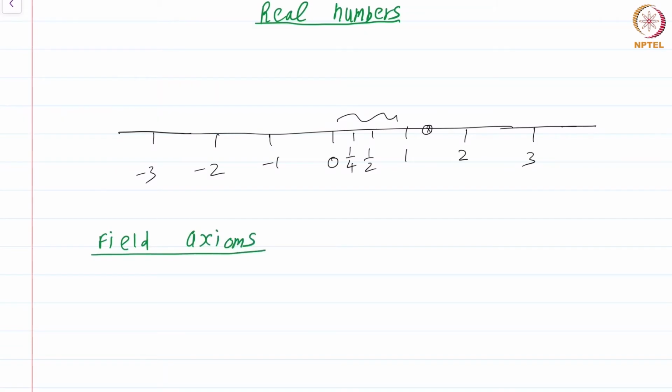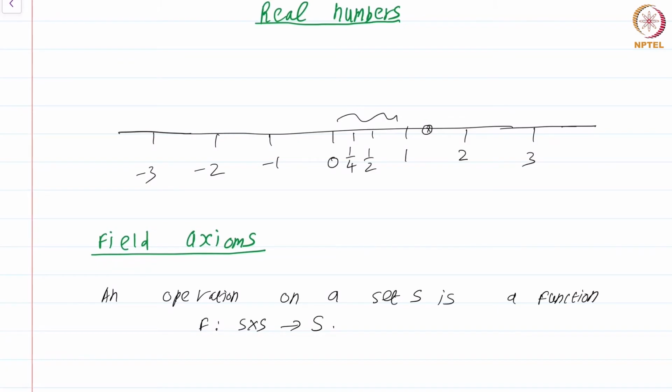Okay. So an operation on a set S is a function f from S cross S to itself.